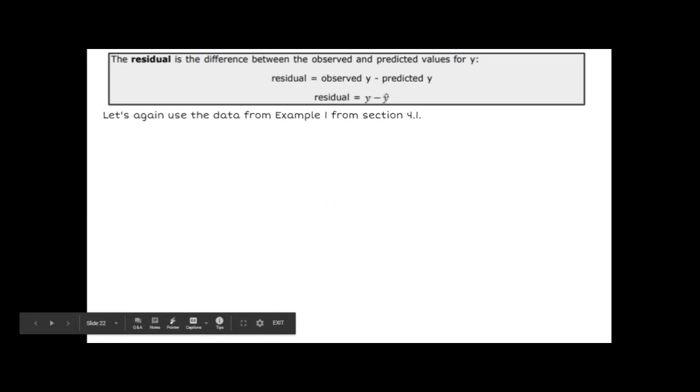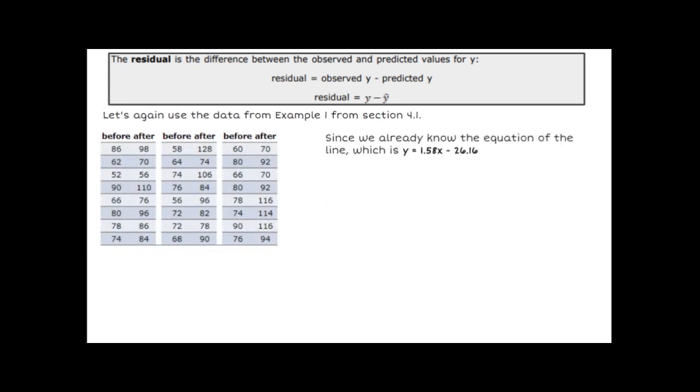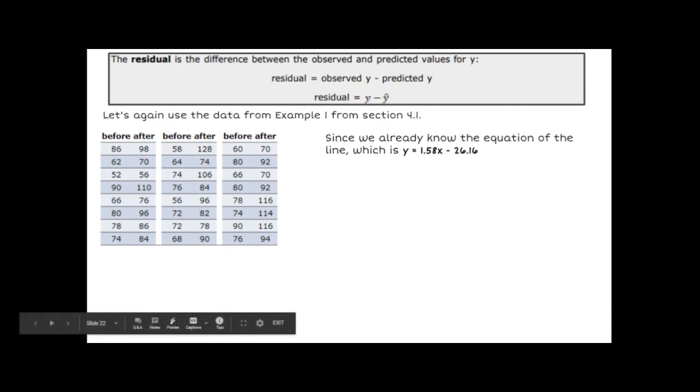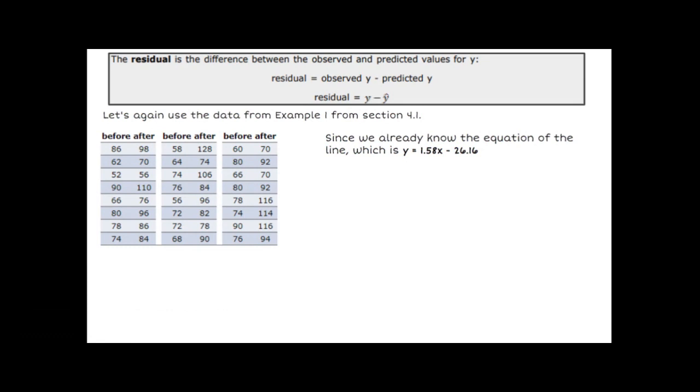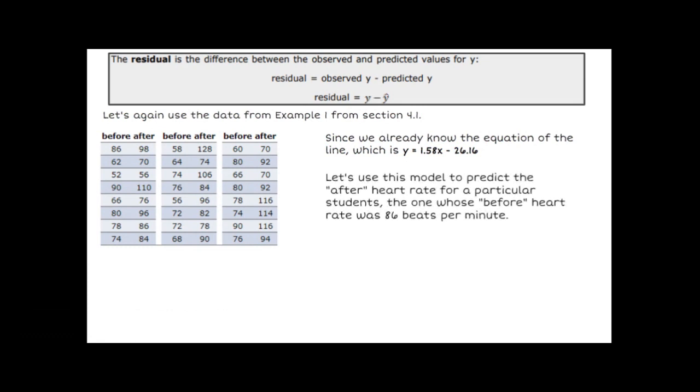Let's again use the data from example 1 from section 4.1. In example 2 earlier, we found the model y equals 1.58x minus 26.16. Let's use this model to predict the after heart rate for a particular student, the one whose before heart rate was 86 beats per minute.